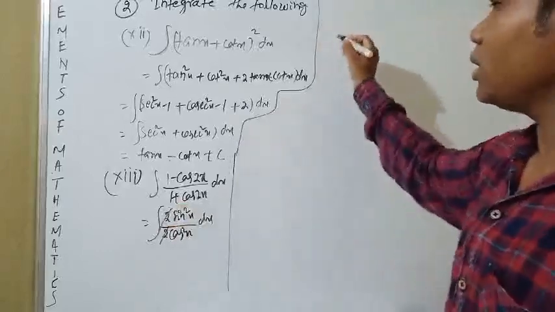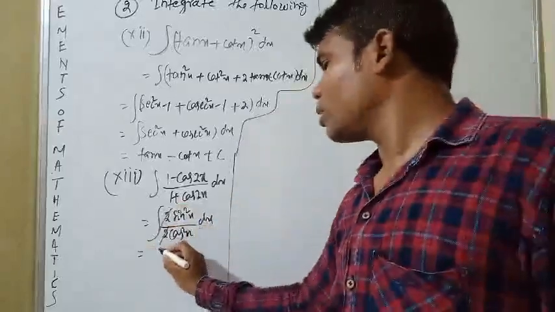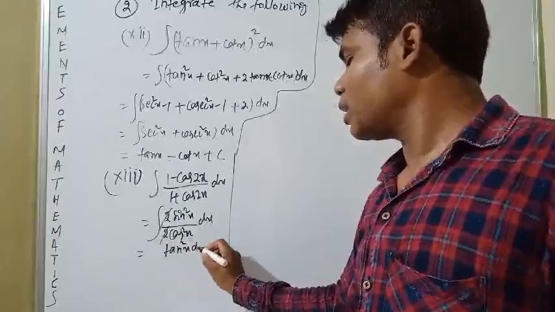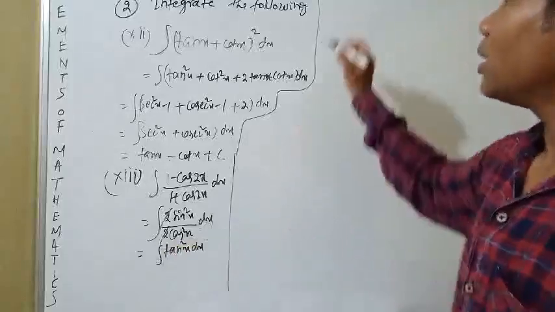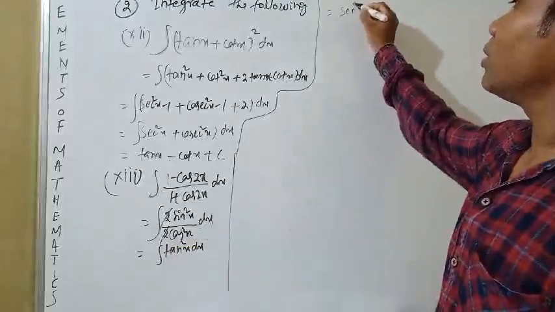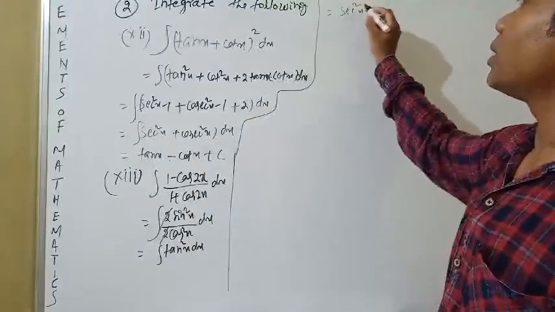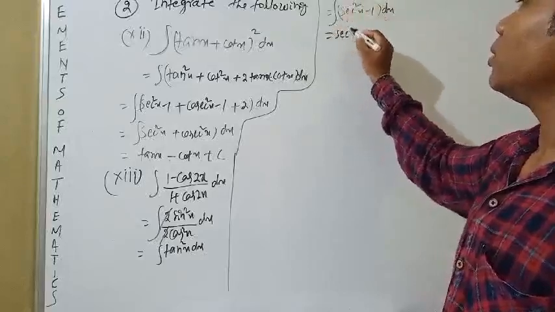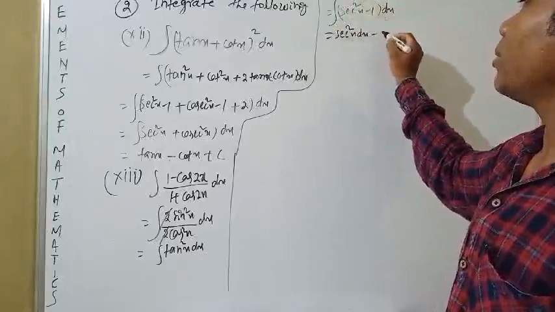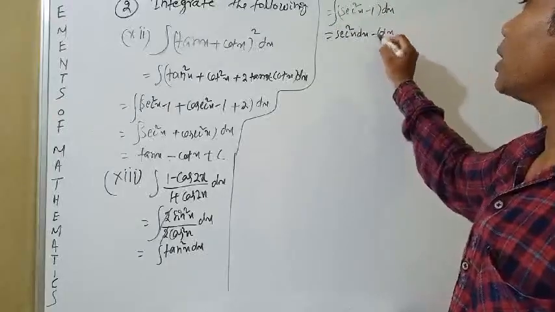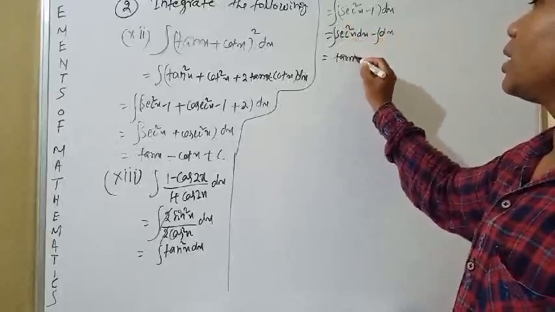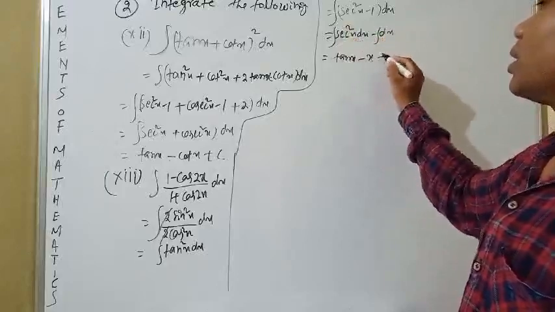You see, it is equal to tan²x dx. Tan²x is equal to sec²x − 1 dx. Okay, it is equal to sec²x dx minus 1 dx, that is only dx. Sec²x is equal to how much? Tan x, integration of dx is x plus c.